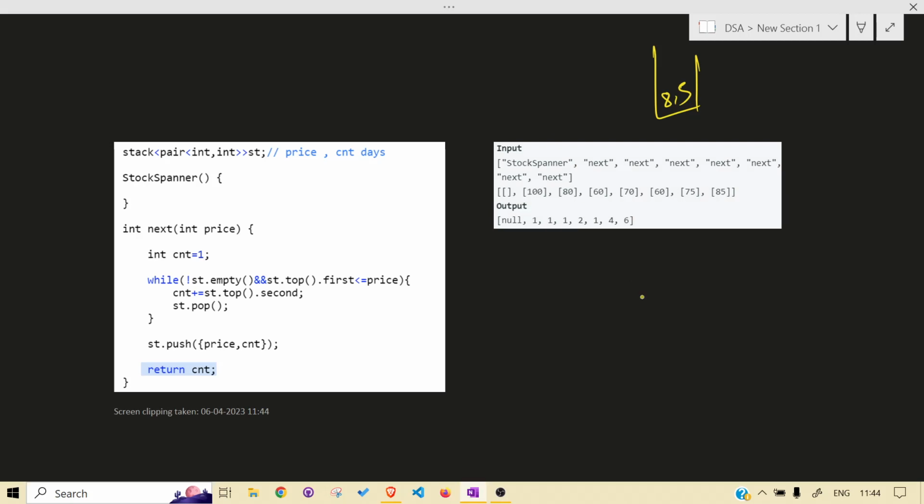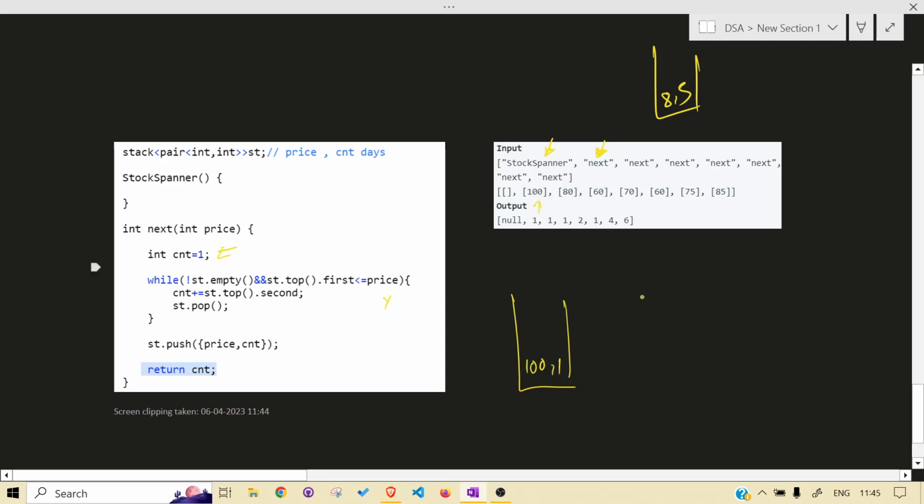In this, the objects are initialized, nothing else. This is what next does. 100: we have to store it because we need the history, that how many values this current value is greater than. The stack is empty, so we just push it.